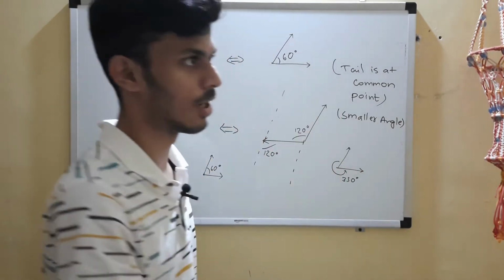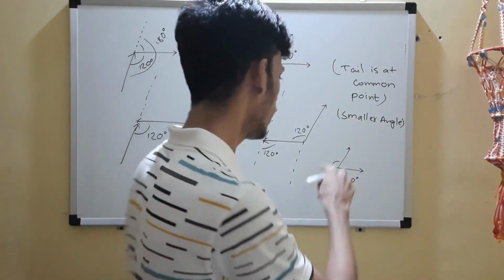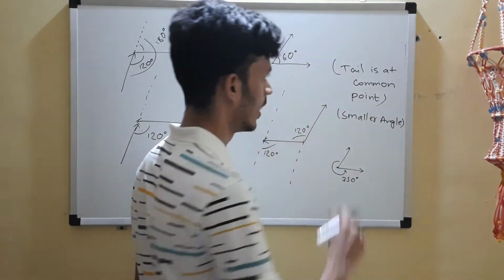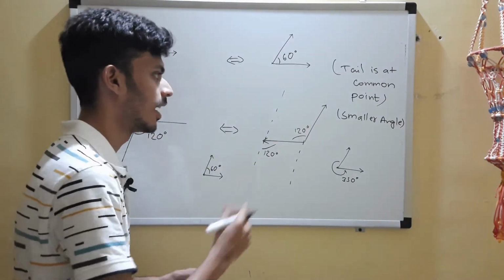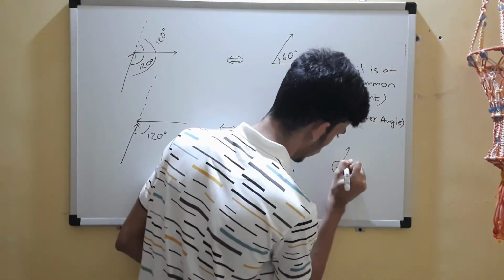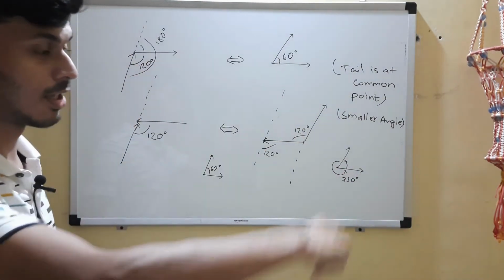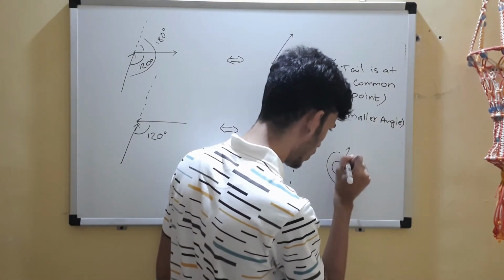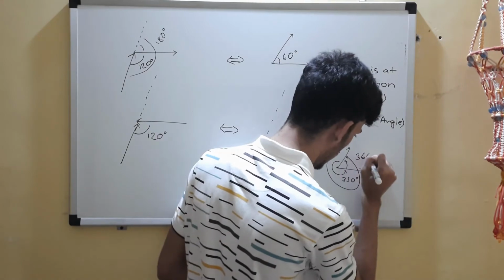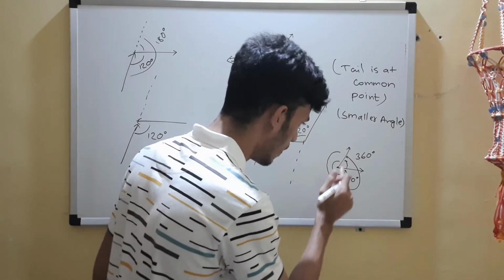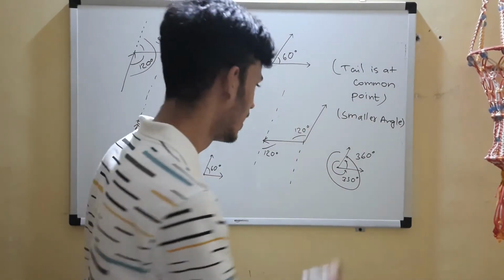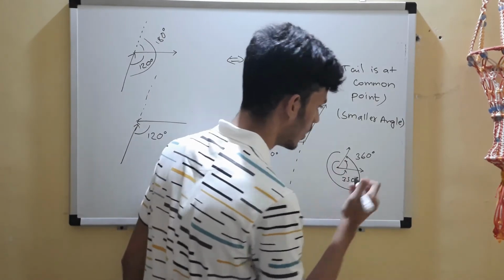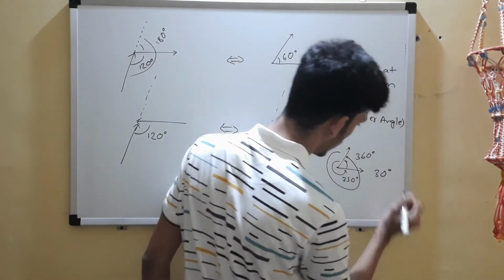Tail at common point, first criterion satisfied. Second criterion, smaller angle. A complete rotation is 360 degrees, so 360 minus 330 gives the angle, which is 30 degrees.